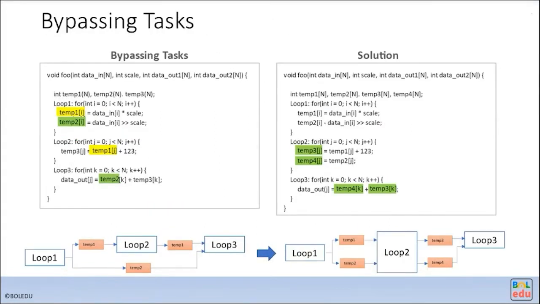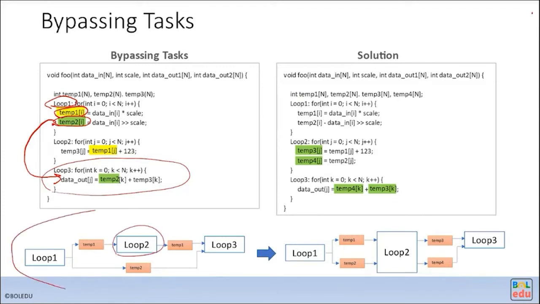The next one is a bypass task. Here, loop one produces two outputs, and temp2 is used in the skipped one, loop two.